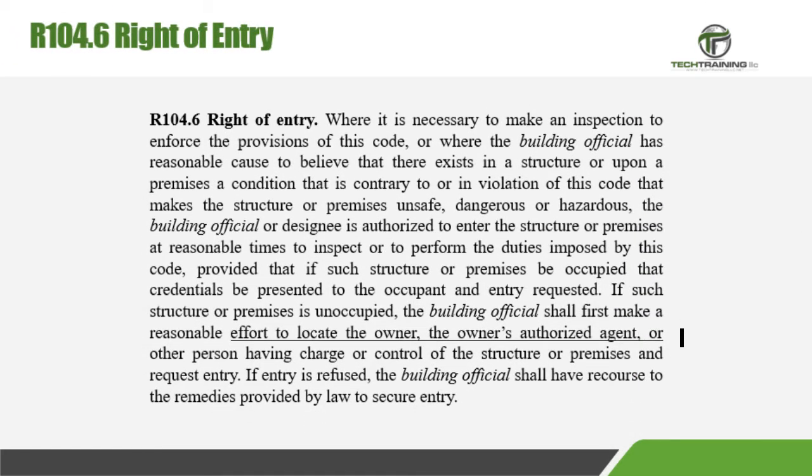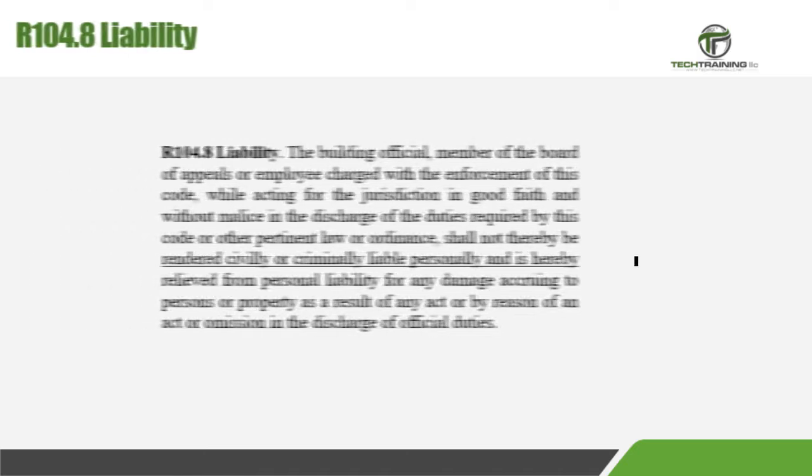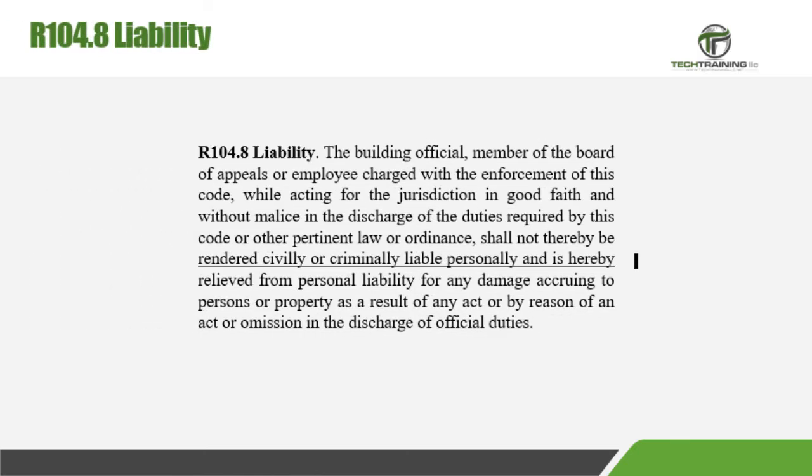R104.6 is right of entry. This was a technical change, adding to the provision that effort must be made to locate an owner or the owner's authorized agent when it is necessary to make an inspection. R104.8 is liability.